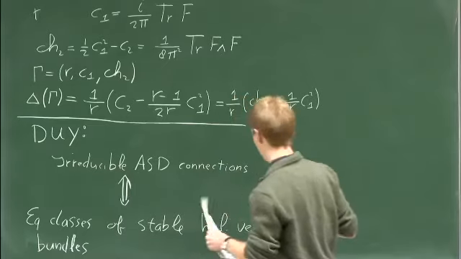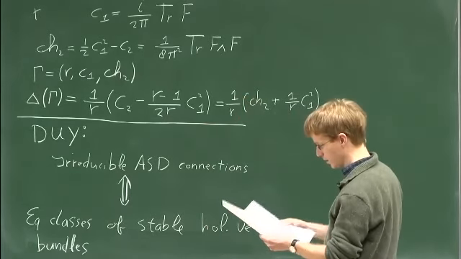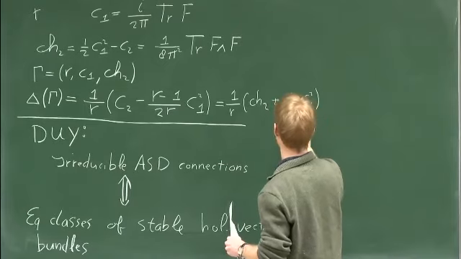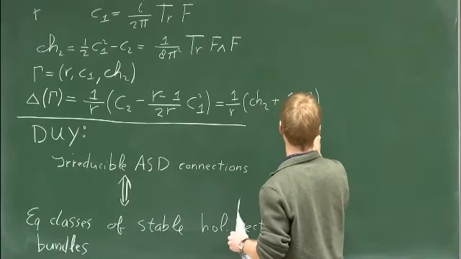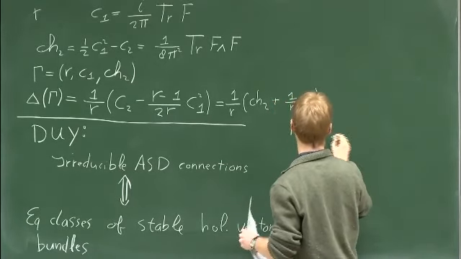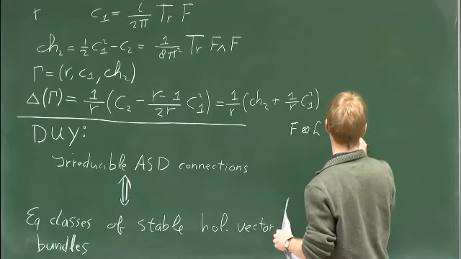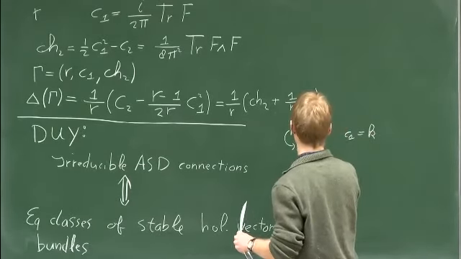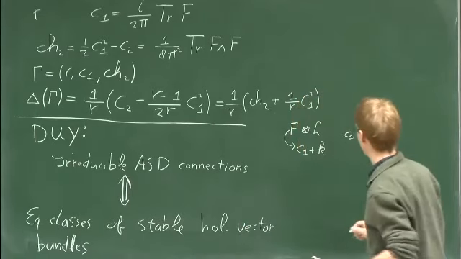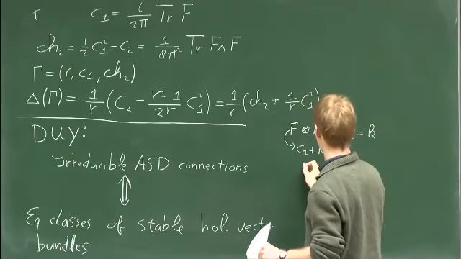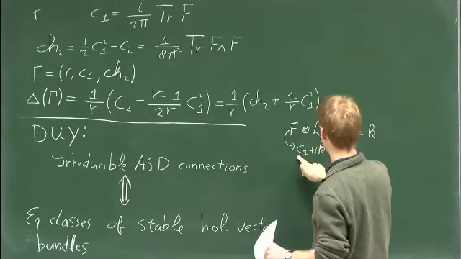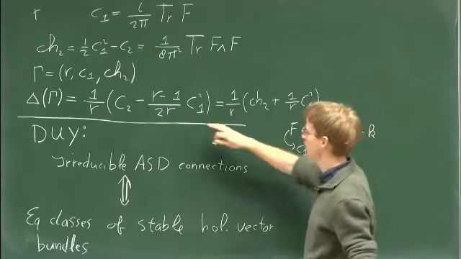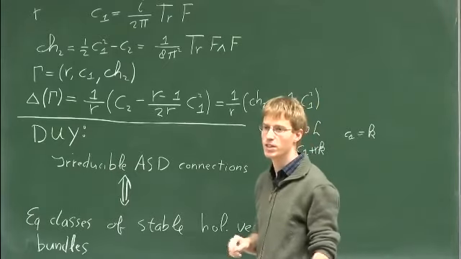So if I have a vector bundle F and I tensor it with a line bundle L, which has first Chern class c1 equal to k, then this one will have first Chern class c1 plus k. And because there's an isomorphism, I only have to sum over c1 modulo r. This isomorphism precisely leads to a theta function decomposition in the partition function.